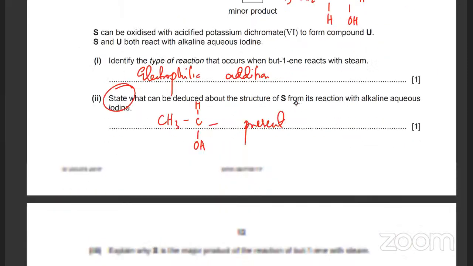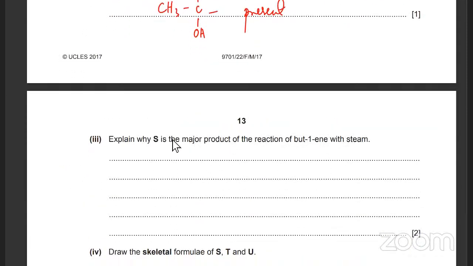So that is what you're going to write, that in the case of S, you get this carbocation because the H bonds on the right side of the double bond. So you're going to state that a second degree carbocation is more stable. It has more alkyl chains. It's easier to form.